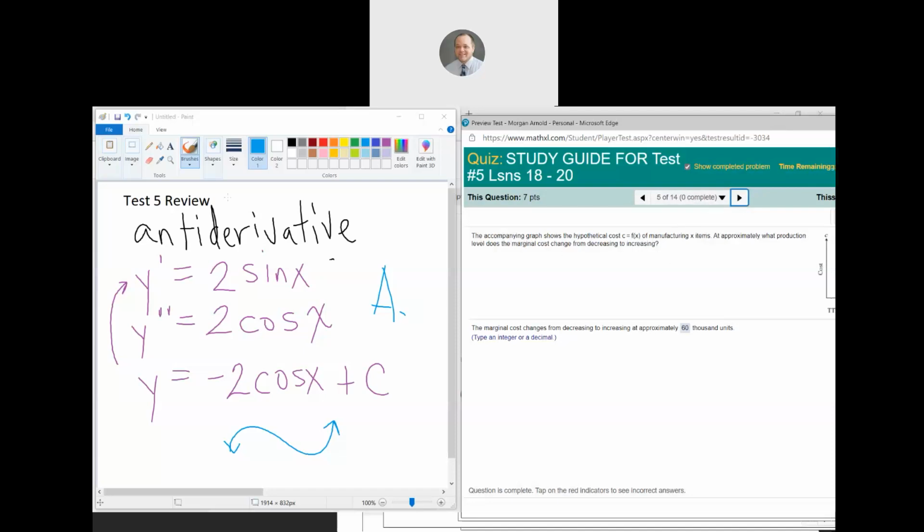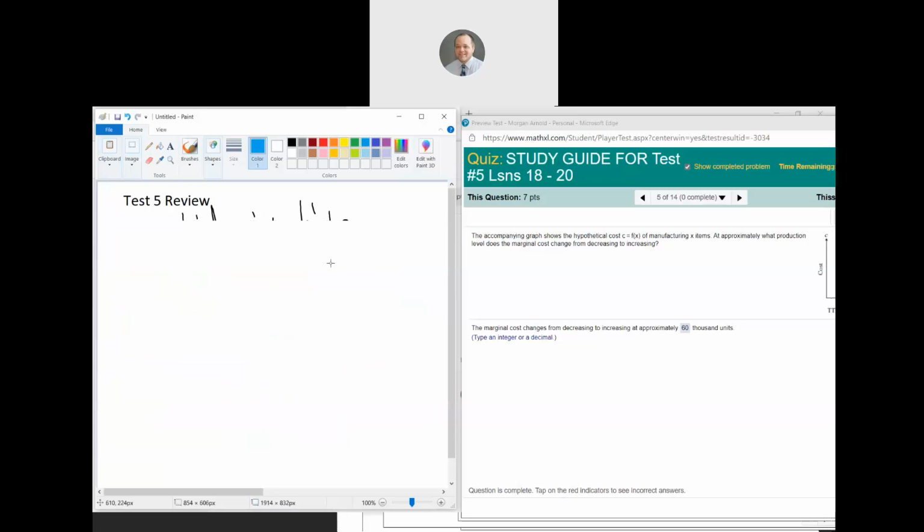Let's look at question 5. This question does not really involve any work. All you have to do is use the graph to answer the question. So let me move it over so we can see it.